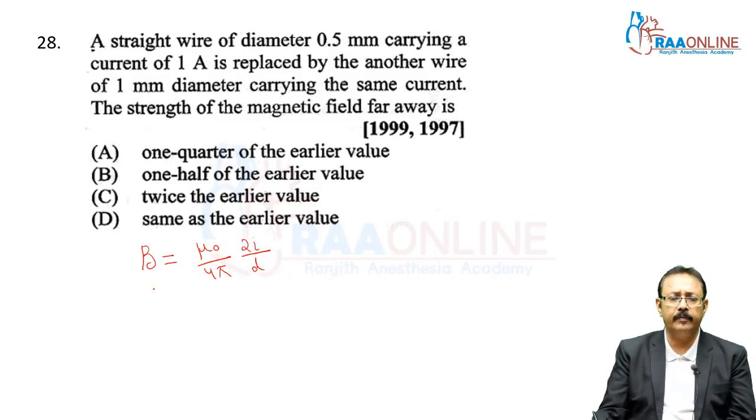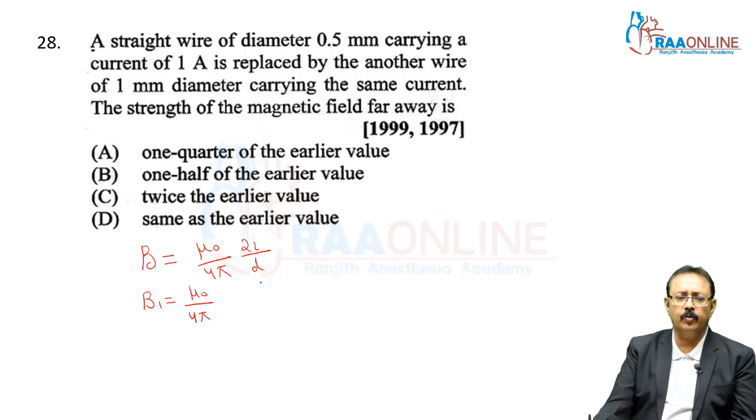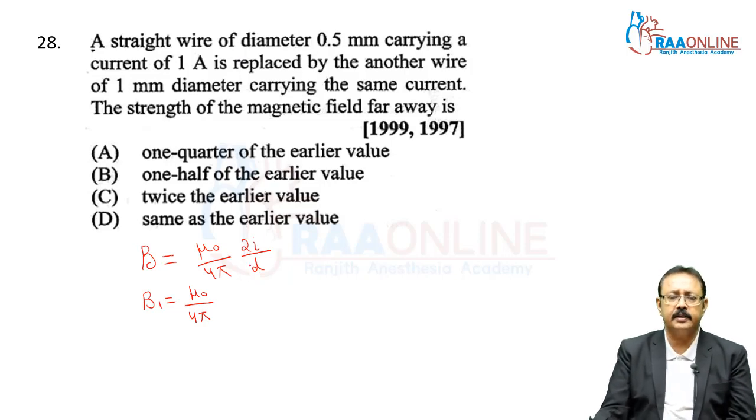At what distance you want to calculate magnetic field? What was in primary case B1? Mu naught upon 4 pi is constant. Carrying a current of 1 ampere, so 2 into 1. Distance is d.